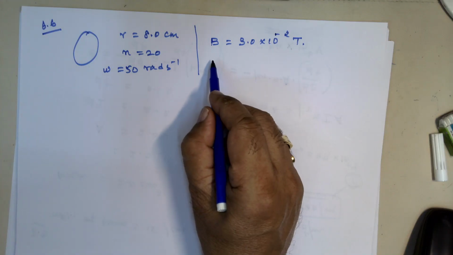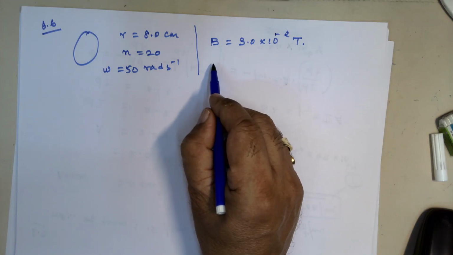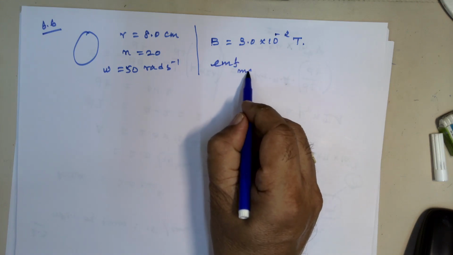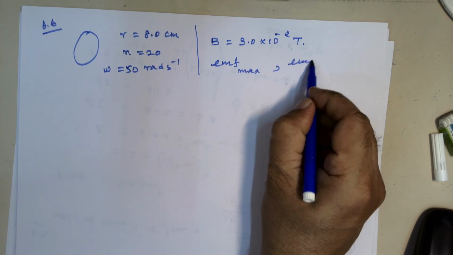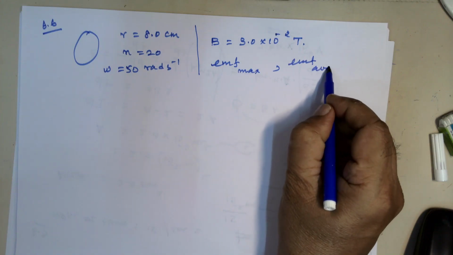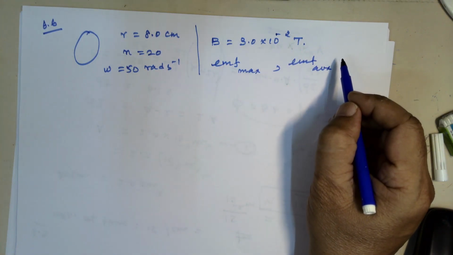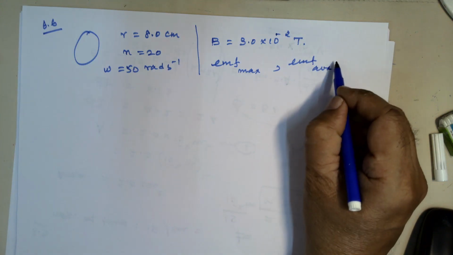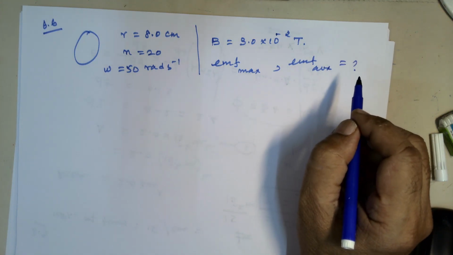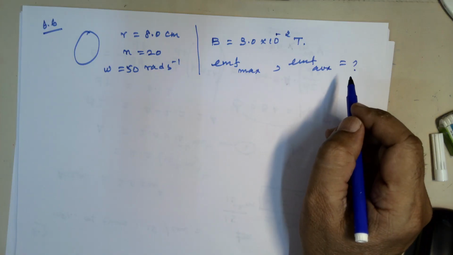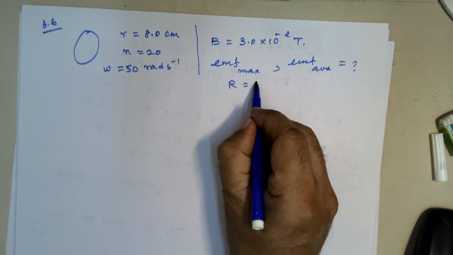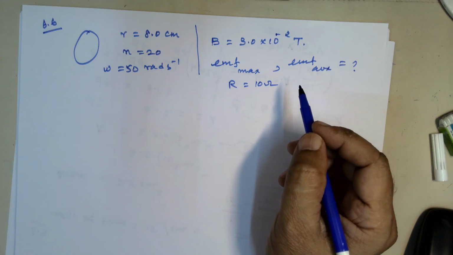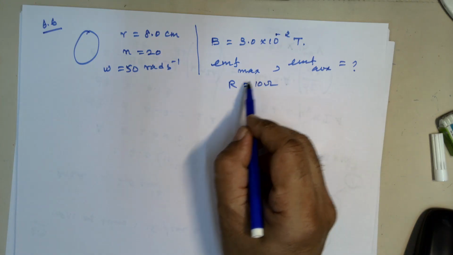Obtain the maximum and the average EMF induced in the coil. If the coil forms a closed loop of resistance 10 ohm, calculate the maximum value of the current in the coil.